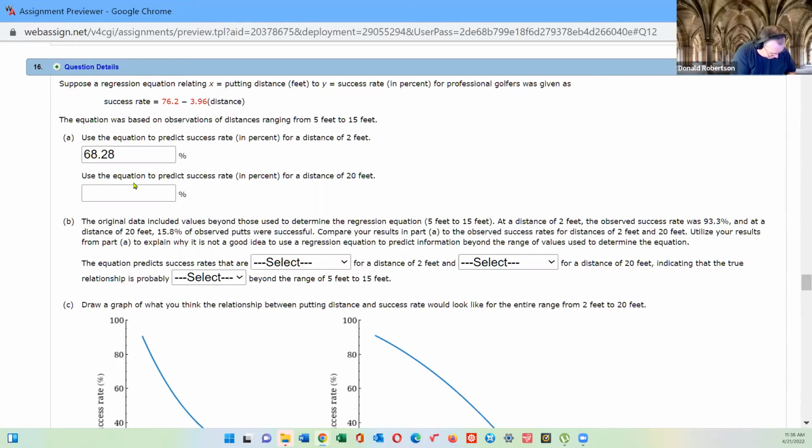Let's try that again. 76.2 take away 3.96 times 20. And the answer I get, and I'm glad they did this, is negative. Why doesn't that appear? Click. There. Negative 3%.